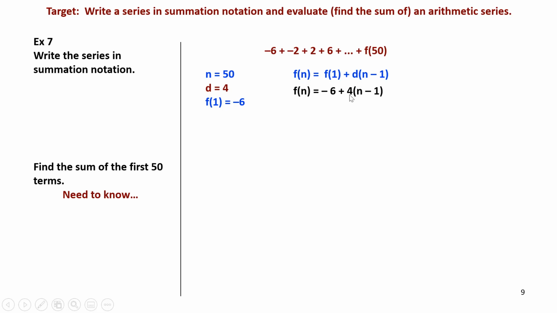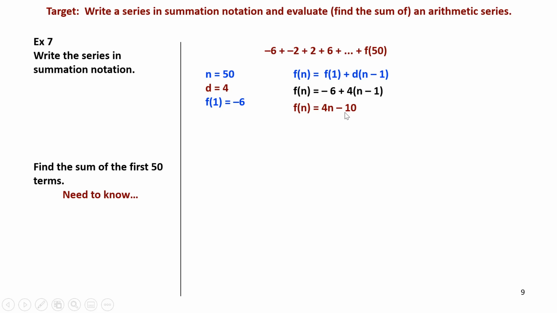D is 4. And remember, in an explicit formula, we don't plug in for n right away. We don't want to do that. So this 50th term right here, we don't even care about that yet. We're going to simplify this formula. If I distribute the 4 over here, I would get 4n minus 4. And then I would combine the like terms to get the minus 10 here.